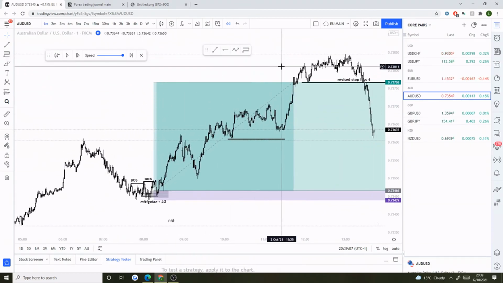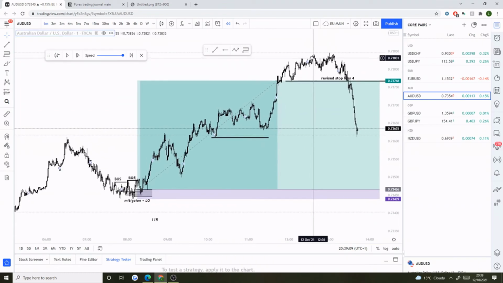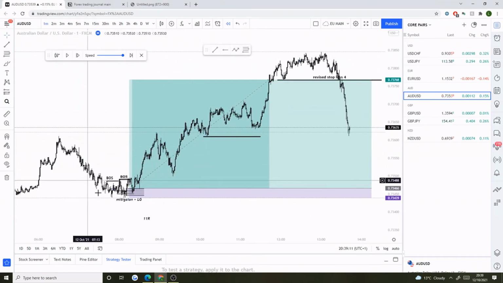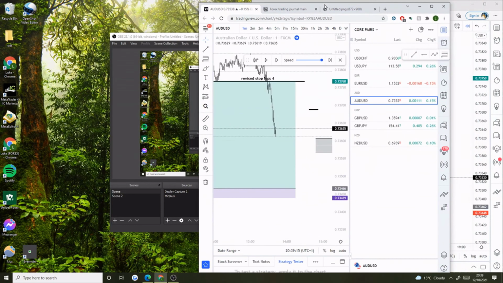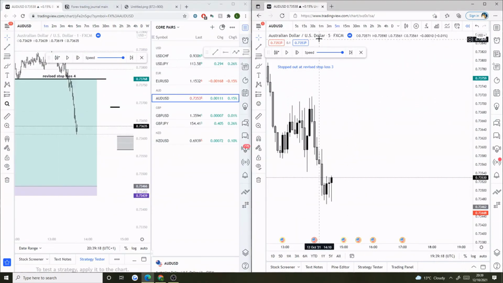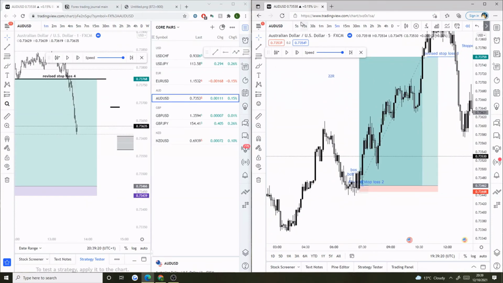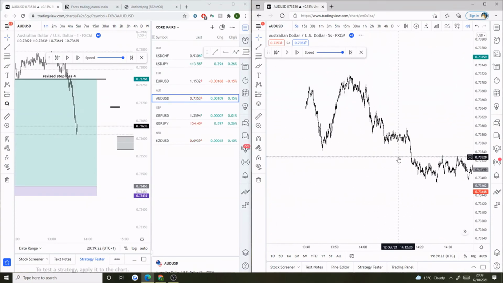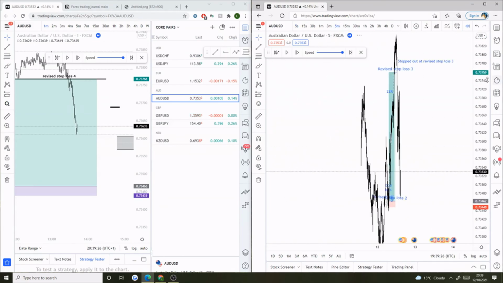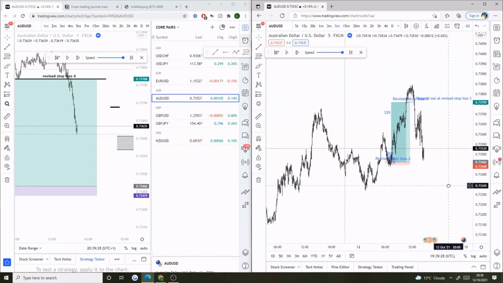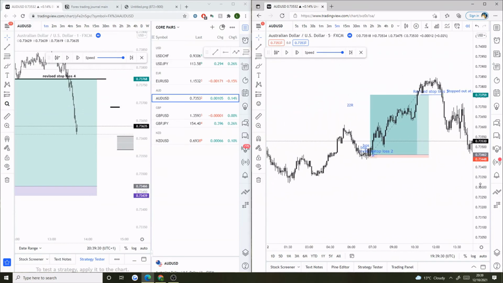So I hope you guys have enjoyed this trade breakdown and have understood why I took the trade in the first place and my reasons behind the trade. And I'm sorry for the issues with the 5-second chart when I tried to break that down, because sometimes the broker data does just change when you're looking at the seconds time frames. It's a bit different from looking at the minutes time frame.